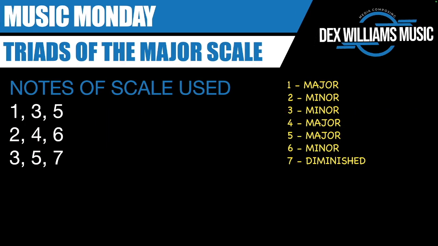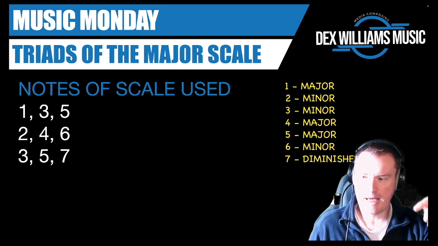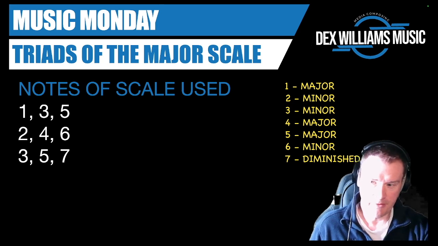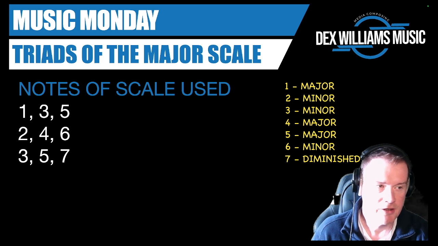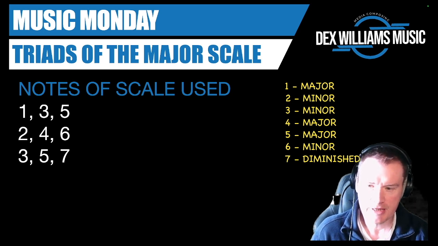So based on the first degree, you'll get a major, then you'll get a minor, then another minor, E minor. Then you get a major, so we've got F major, another major, G major, A minor, and then finally B diminished. Just by working out each of the steps, so play 1, miss 1, play 1, miss 1, play 1. That's the easiest way to work out the triads of the major scale.